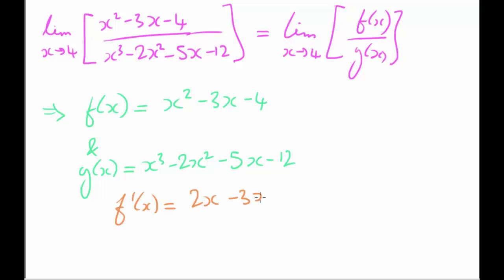So f dash is 2x minus 3, and g dash is 3x squared minus 4x minus 5. I'll just go on to the next page.